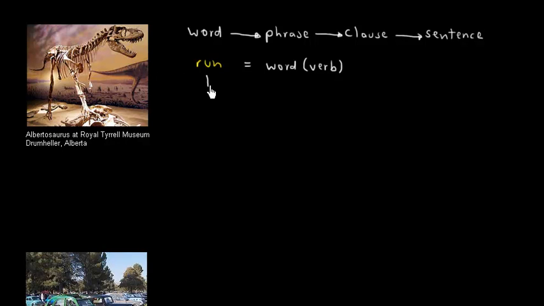And we're going to take that word and turn it into a very simple phrase. Run. Okay? So now we have a phrase, and specifically we have a verb phrase. Now, phrases can be more than one word, but in this case, run is good enough.